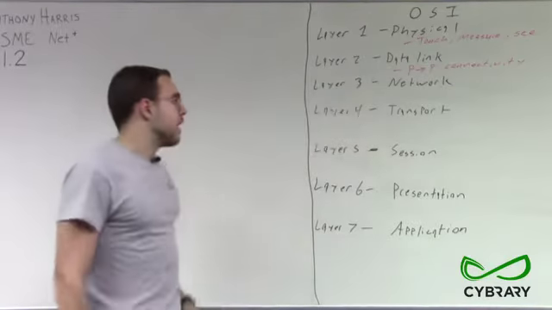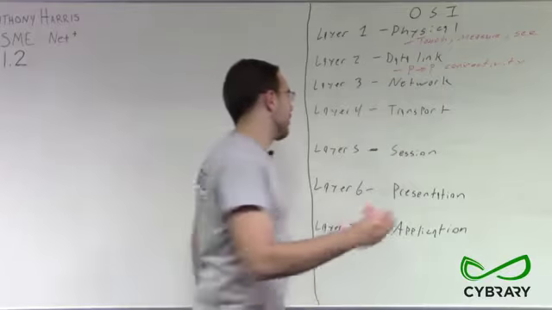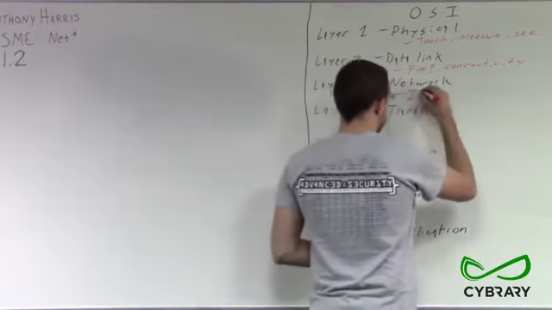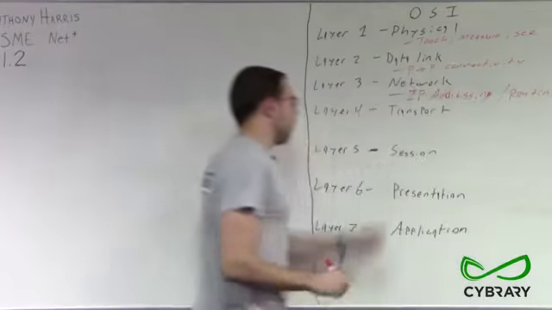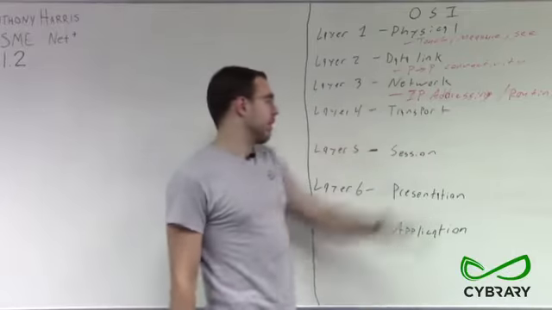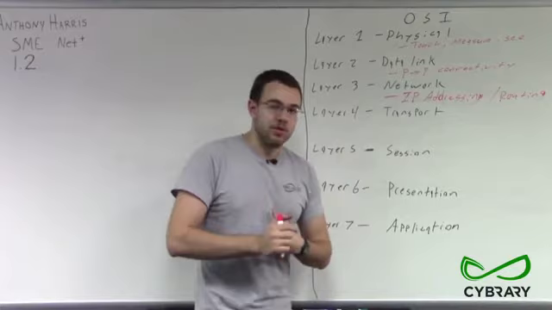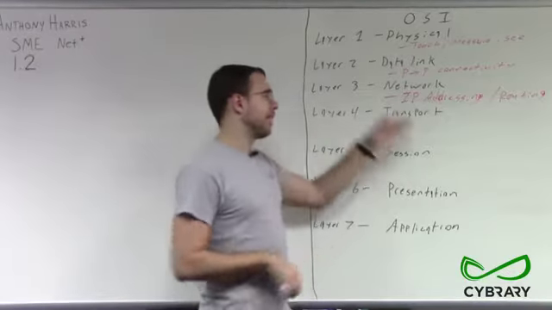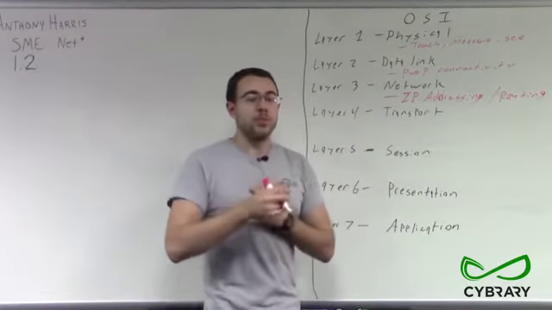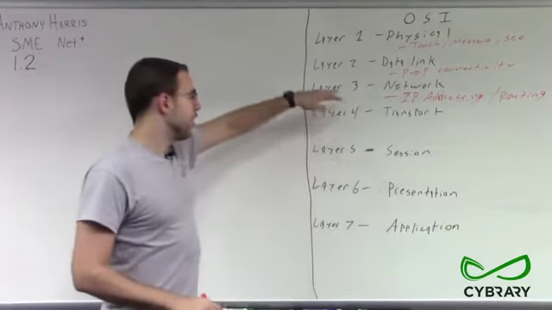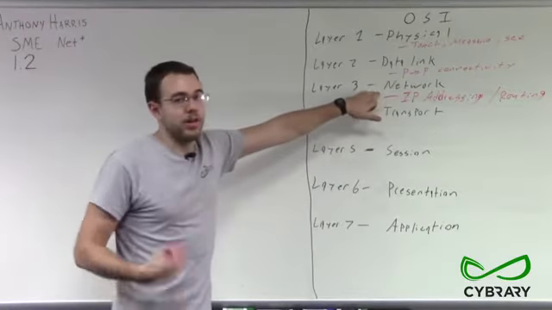Next we have our layer 3. Our layer 3 network layer is going to be our IP addressing and routing. So our routers, our multi-layer switches, which are layer 2 and layer 3, our layer 3 switches, are all going to be under this layer 3 network layer.